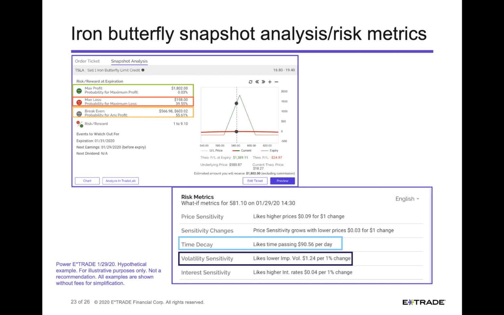And then, of course, the bottom one there is interest sensitivity. I don't think interest rates are going to change in that 2-day period, and it wouldn't really matter anyway for a 1% change. Okay, so we've got the iron butterfly on.